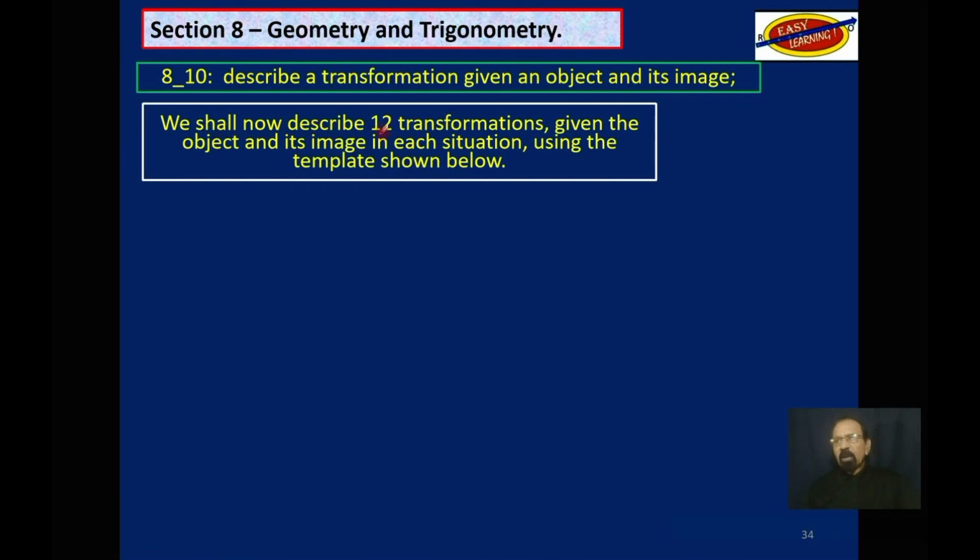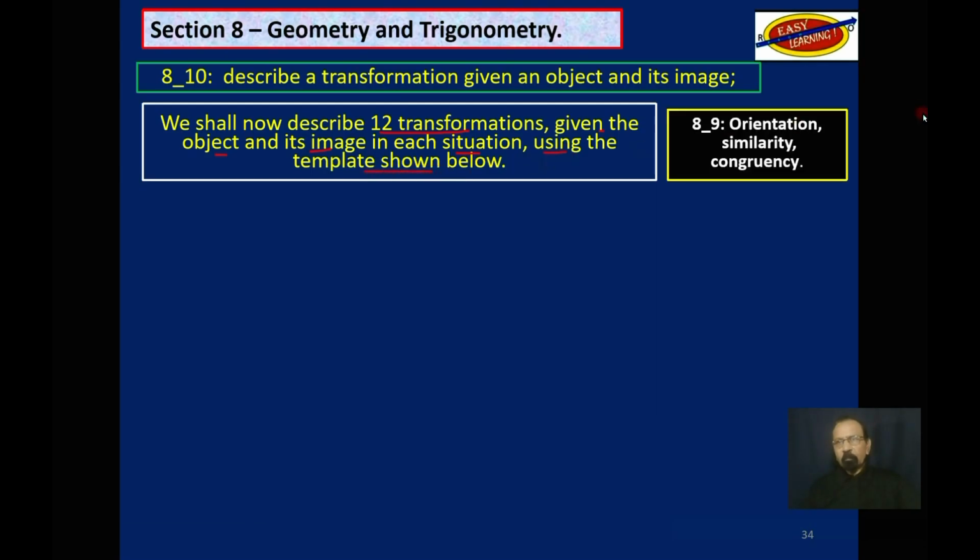So we shall now describe 12 transformations given the object and its image in each situation using the template shown below. Now remember, in the last objective, we were talking about orientation, similarity, and congruency. Now you will be given an object and its image, and you have to state the transformation.